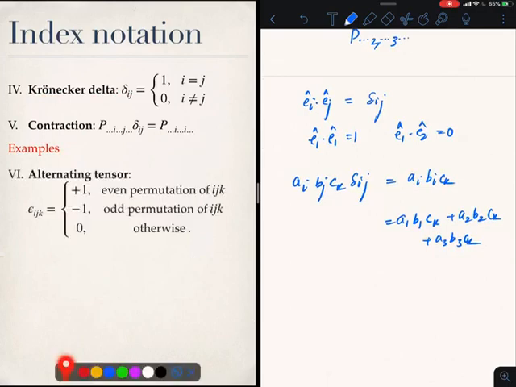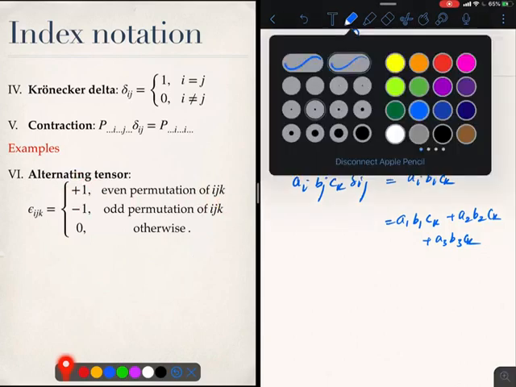And one last important object that we will use is the alternating tensor. What's a tensor? We will come to it in the next lecture, but this is how it is defined: epsilon ijk, which is plus 1 for even permutations of ijk. What are even permutations?